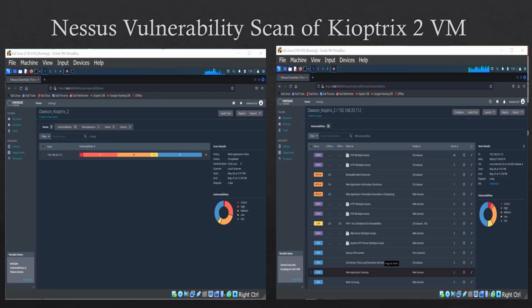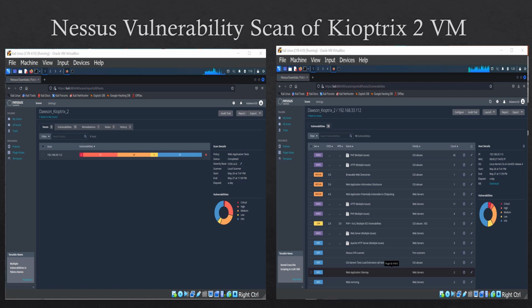So here we have the Nessus vulnerability scan results of the Kioptrix 2 virtual machine. Over on this left-hand side, we see that the host is 192.168.33.112. The breakdown of vulnerabilities identified: we see that there's 2 critical, 25 high, 24 medium, 5 low, and 36 informational. Over on this right-hand side, we get a little bit more details regarding the host.